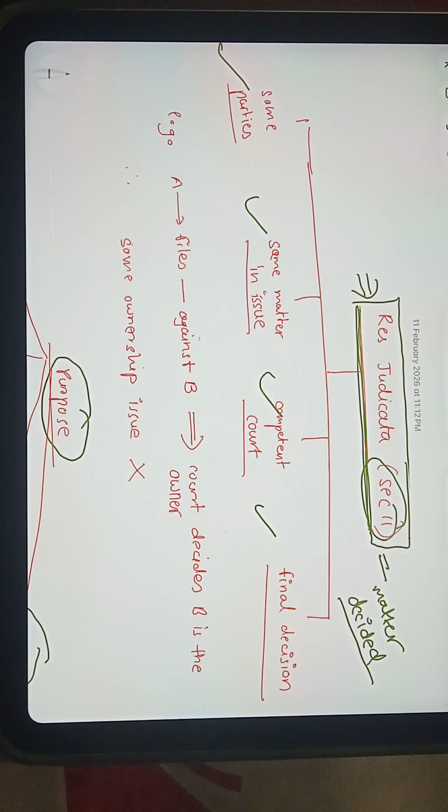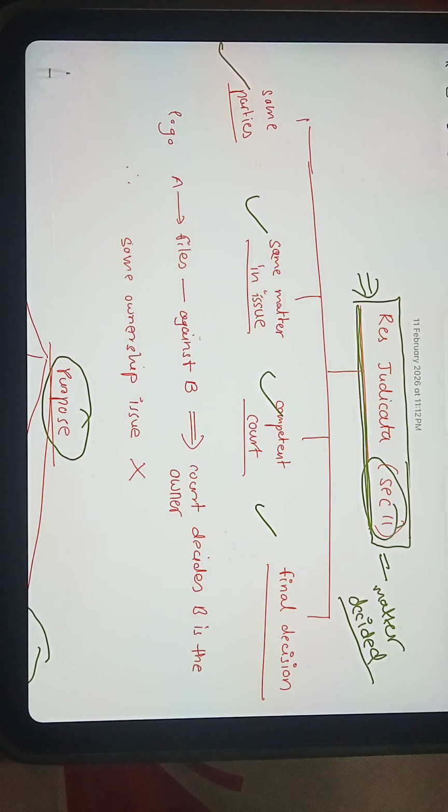Then the same ownership issue cannot be filed by A against B. So this section 11 applies if the same issue is filed again in the court. This res judicata simply helps to prevent re-litigation in the country.